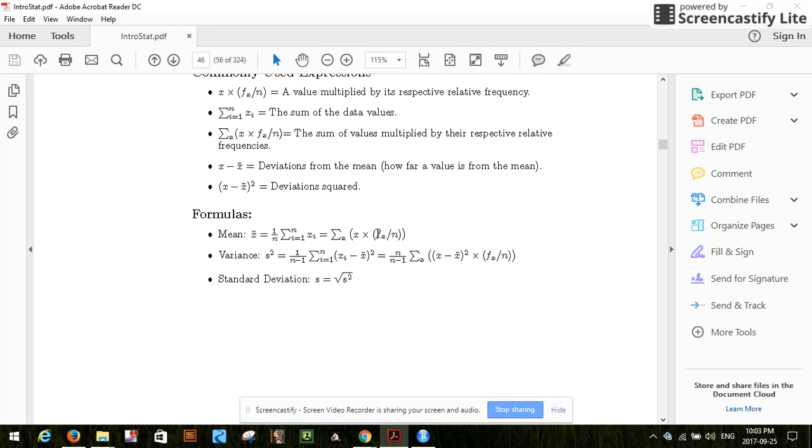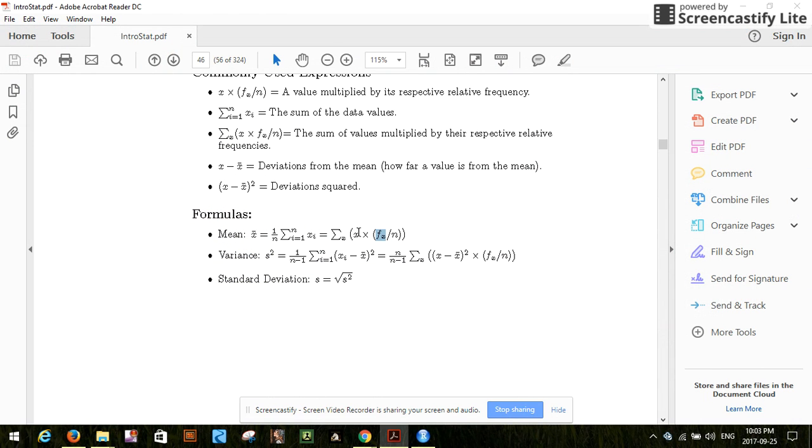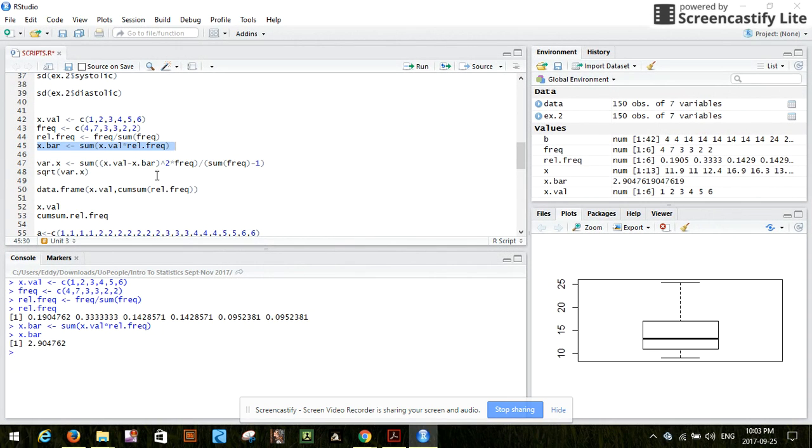Remember, the relative frequency is f divided by n, where f is the frequencies, divided by the sum of the frequencies, which is your n. Then you are summing the product of each of those.